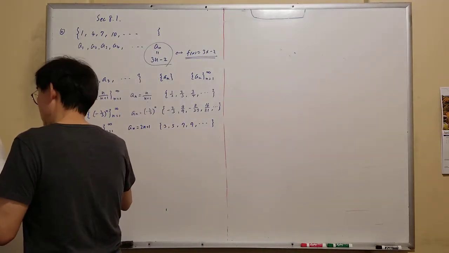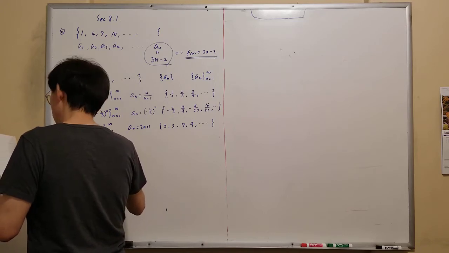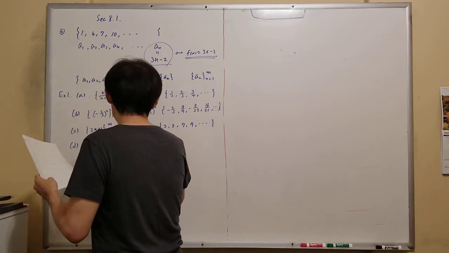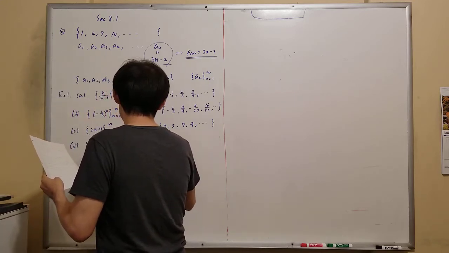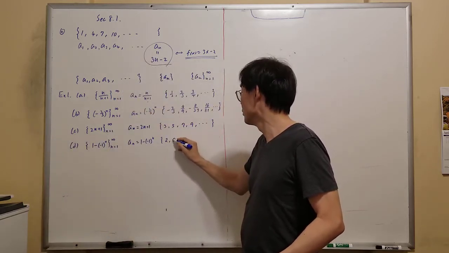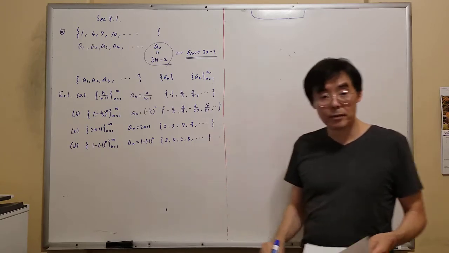D. 1 minus negative 1 to the nth, n equals 1 to infinity. 1 minus negative 1 to the nth gives 2, 0, 2, 0. Okay?